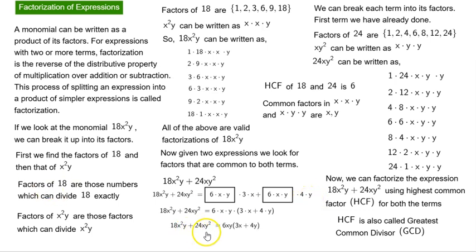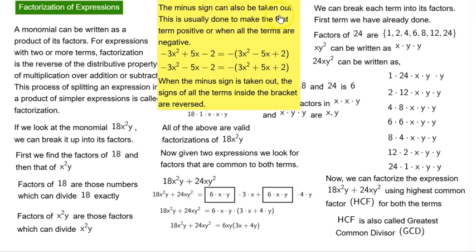So 18x square y plus 24xy square is equal to 6xy times 3x plus 4y. So we have arrived at a product of factors, which when multiplied out gives us the given expression.